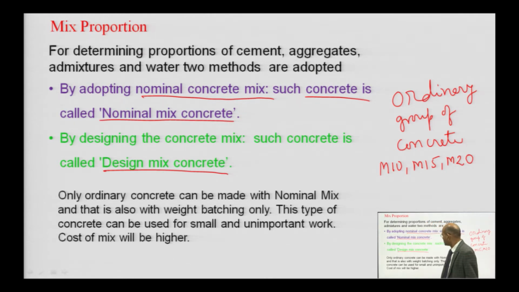And the third one, durability. Durability is also addressed in design mix concrete. Our concrete must be durable, their longevity will be more, and they must serve their service life satisfactorily. But if you consider the nominal concrete mix, we can't give a guarantee of durability, so always we should think of design mix concrete.